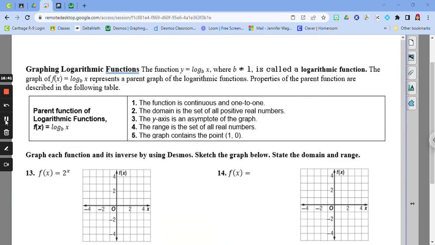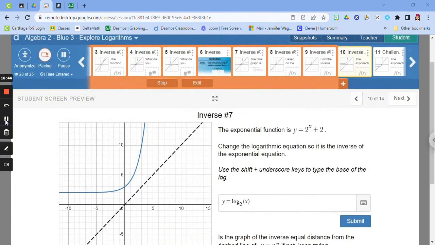So let's go back to our Desmos activity and go to slide 10. That's what we're open to next. You've already got the base, so you've got the parent function for this.